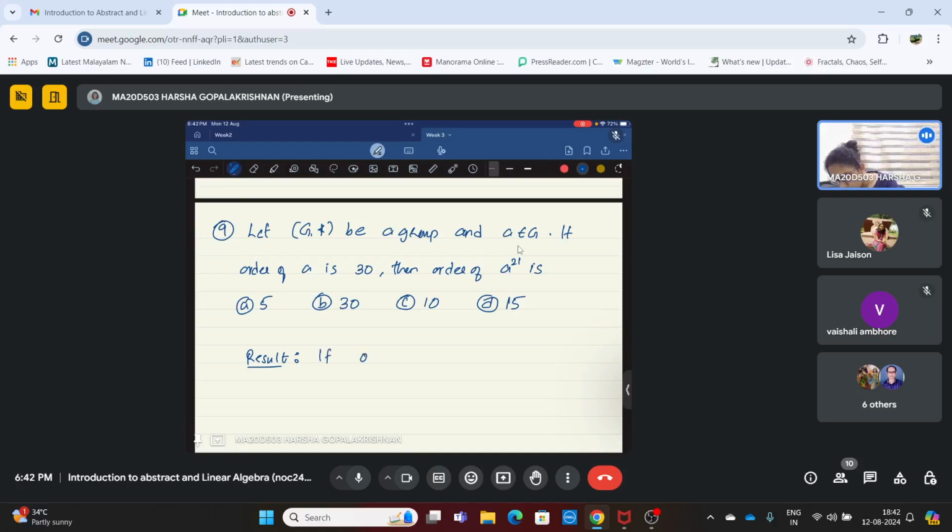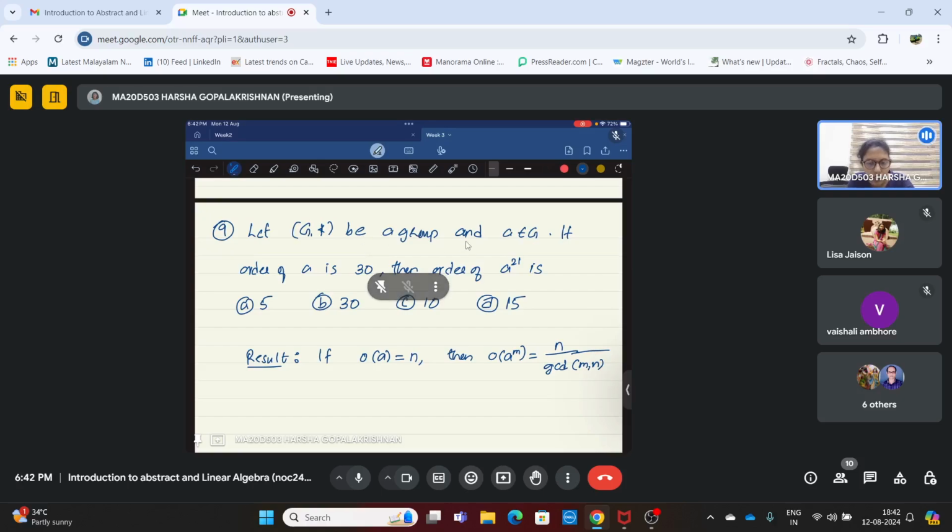So if the order of A is n, then the order of A power m is n by GCD of m and n.